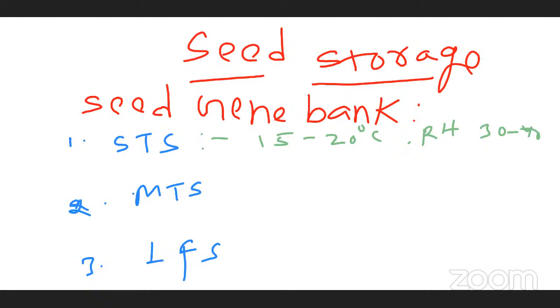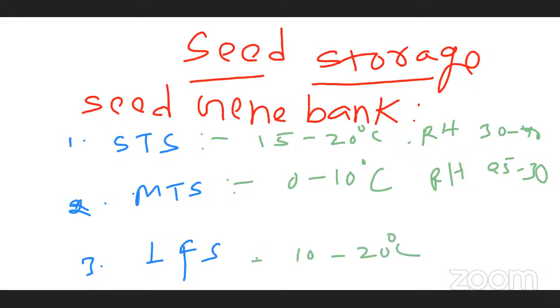So this is one type of method. And the second one, medium term. In medium term, the temperature should be 0 to 10 degrees, that means decreased when compared with short term, and relative humidity also decreases to 25 to 30 percent. And in long term, the temperature is again 10 to 20 degrees centigrade.